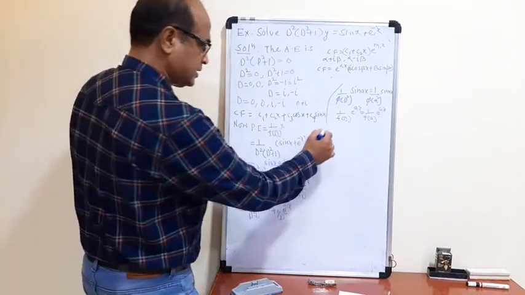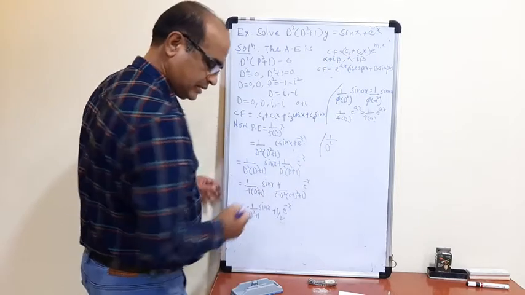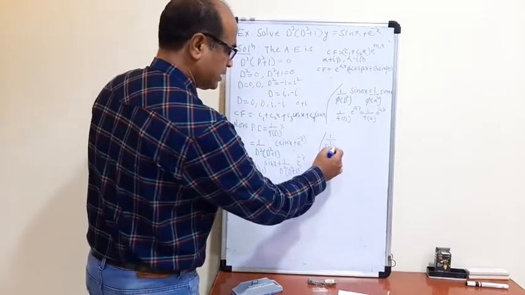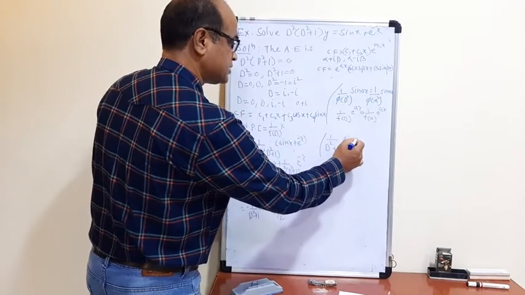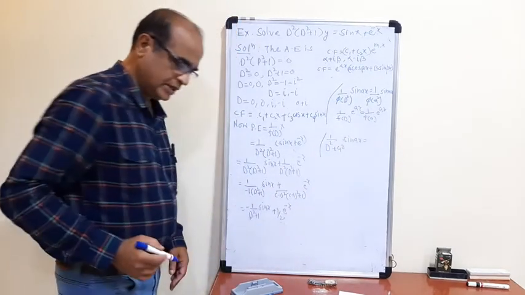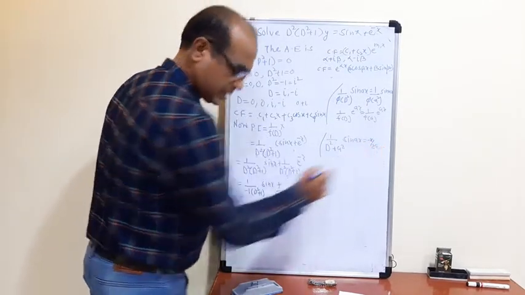Now, we learned this formula to obtain the particular integral of sin x: 1 upon D square plus a square of sin ax is minus x upon 2a cos ax.